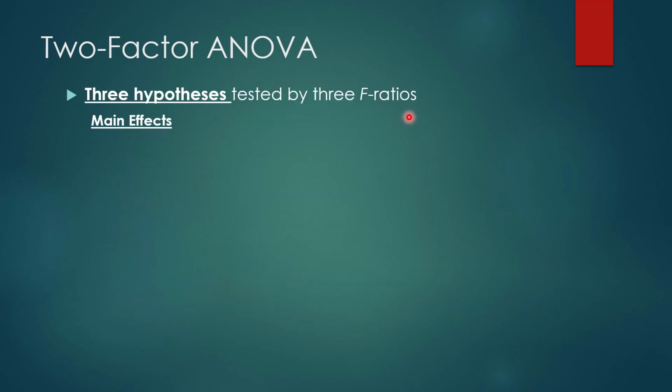So as we said, we're going to have three hypotheses tested by these three different F ratios. So I have three hypotheses, and then in your analysis, you'll get three separate F ratios. So first are the main effects. So these are the differences among the levels of one factor. So we have two independent variables. So for independent variable A, we're looking at those differences.